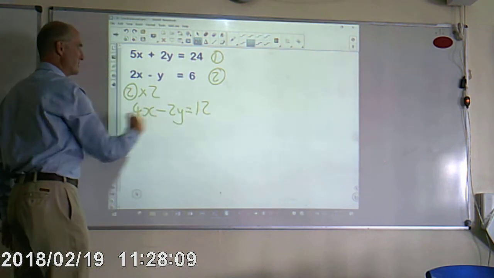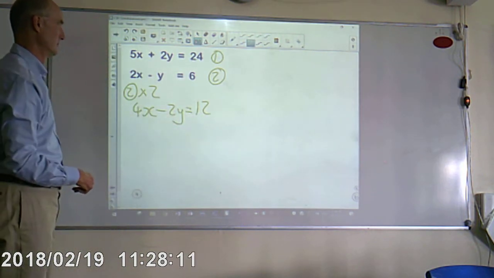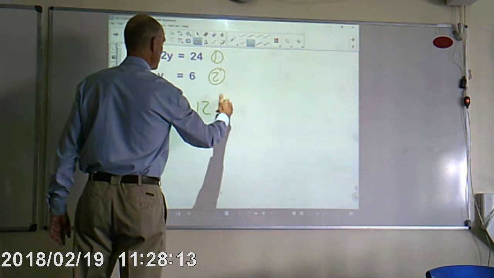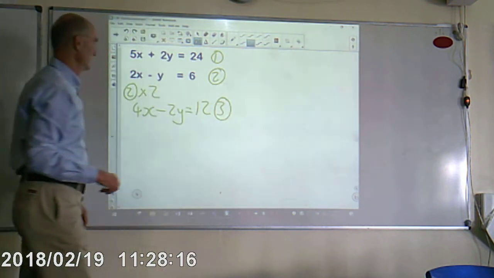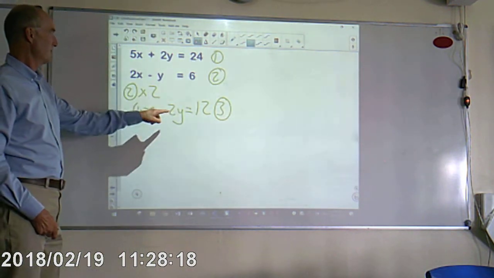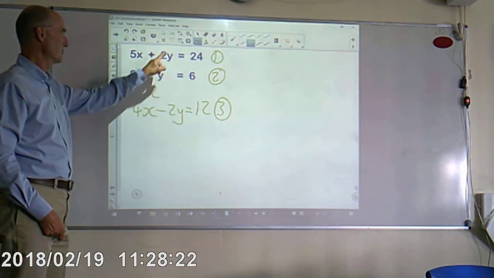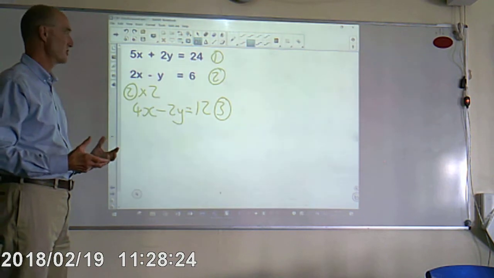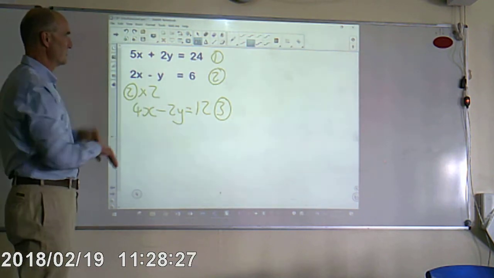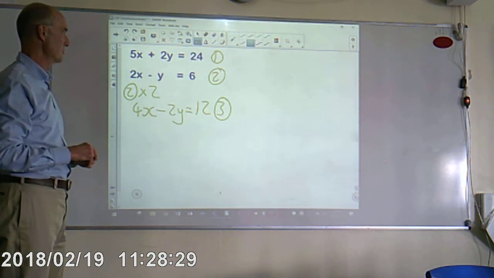I've now created effectively a new equation, so I'm going to call that equation 3. So now in equation 1 and equation 3, I've got a 2 in front of the y. So hopefully you can see that takes us back to the situation that we had in the more simple examples.